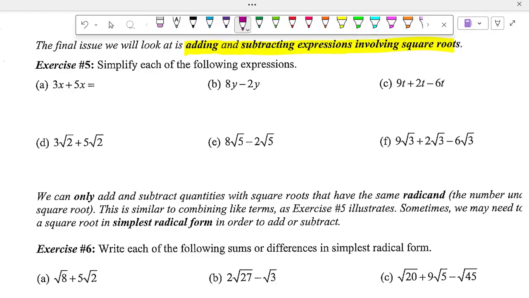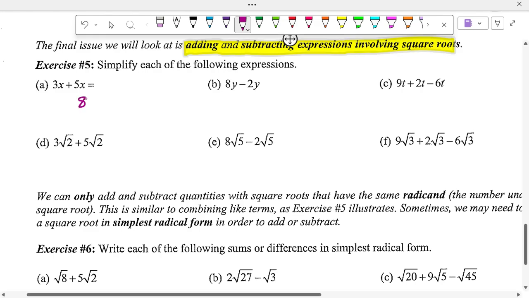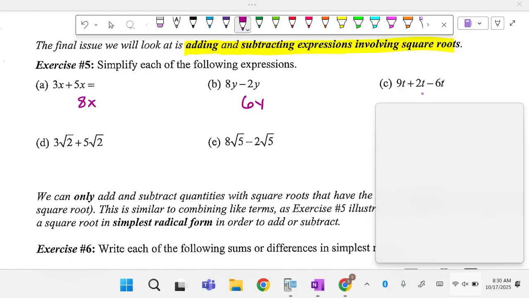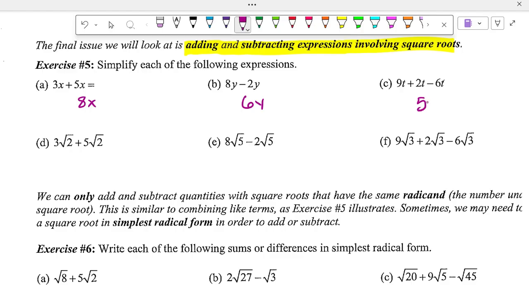So first off, letter A, what's 3x plus 5x? 8x. 8y minus 2y. 6y. And then 9t plus 2t minus 6t. 9 plus 2t is 11t, minus 6t is 5t.